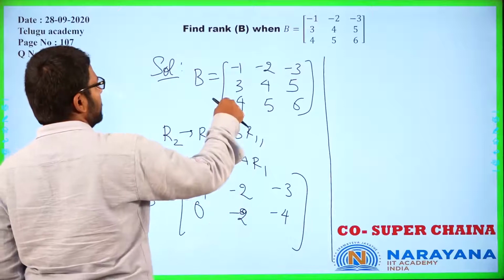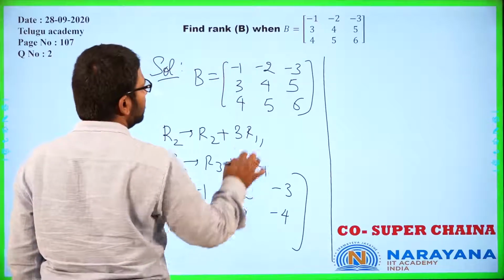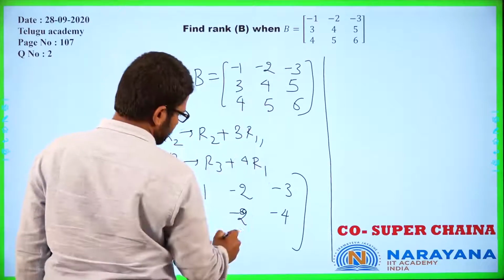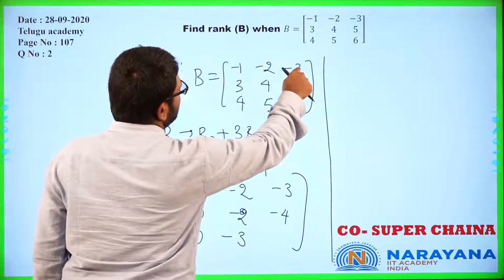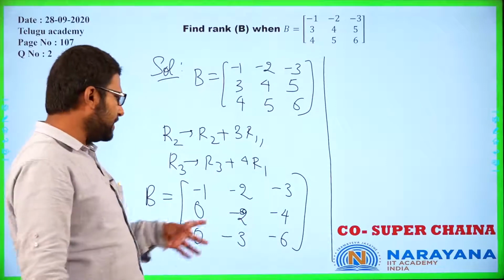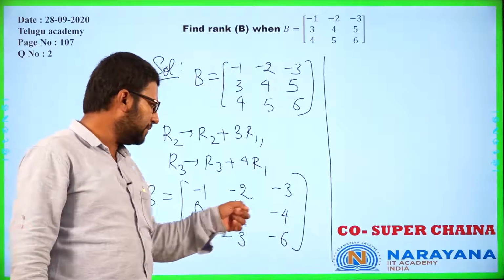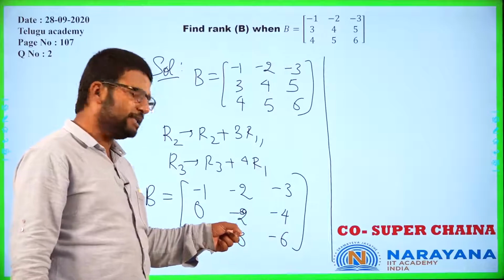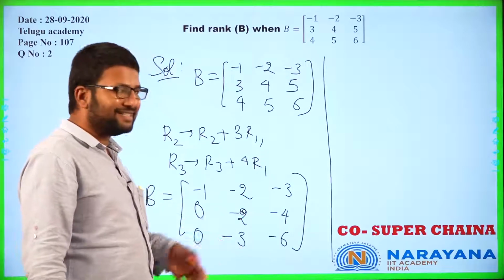Then R3 plus 4R1, so again 0. 5 minus 8 is minus 3. 6 minus 12 is minus 6. Can you see now that minus 4 is double of minus 2 and minus 6 is double of minus 3, which means one way or the other we will be able to make a complete 0 row.